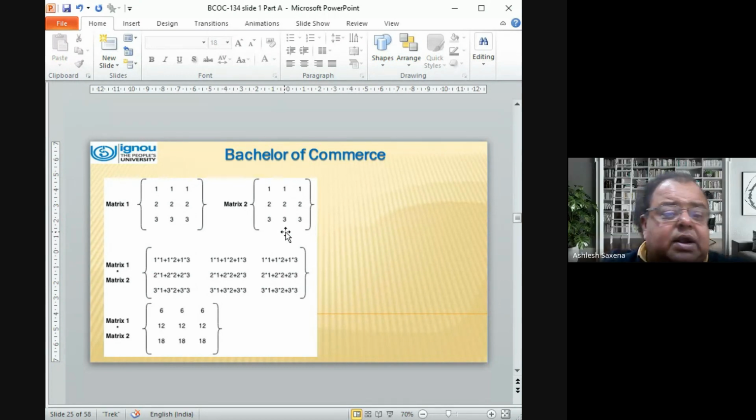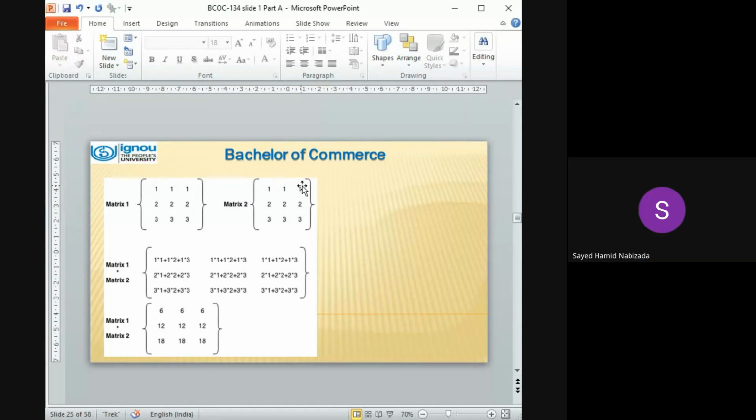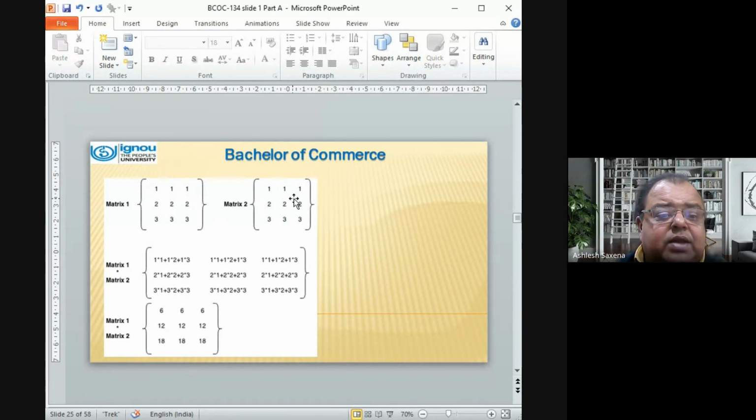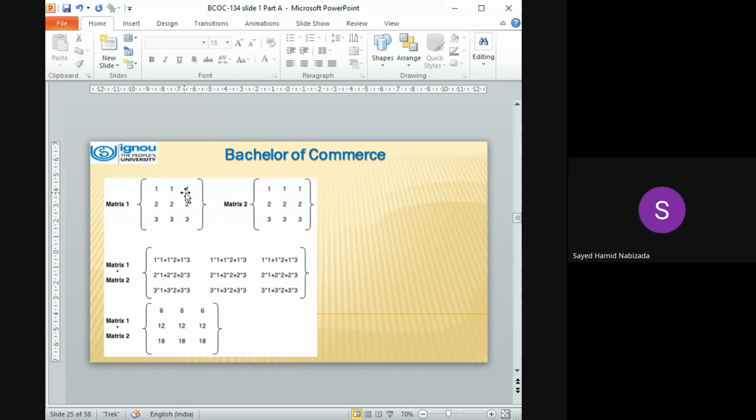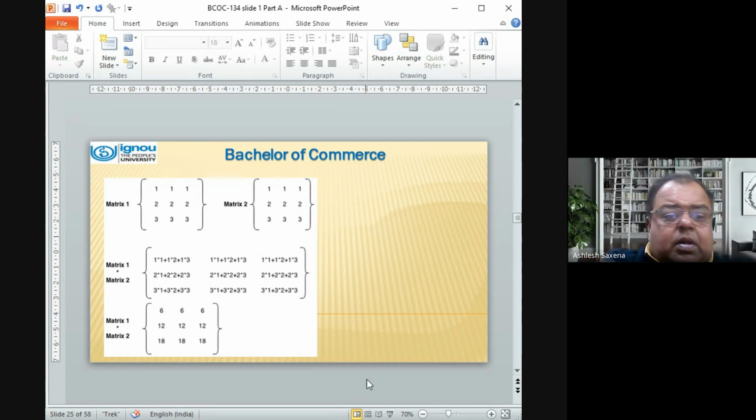And in the third column, it will be this multiplied by this. 1 plus 2, 3, 3 plus 1. Similarly, 2 will be multiplied by 1 plus 2 multiplied by 2 and 2 multiplied by 3.